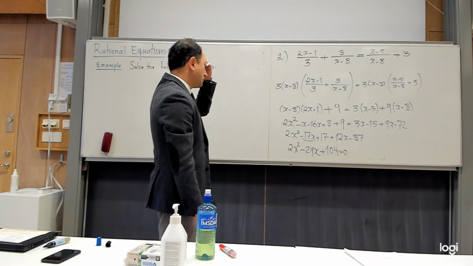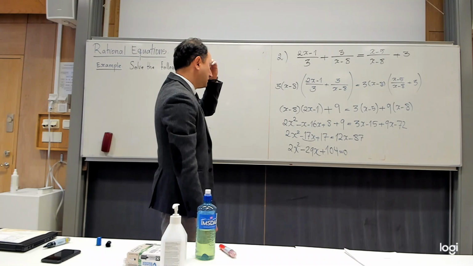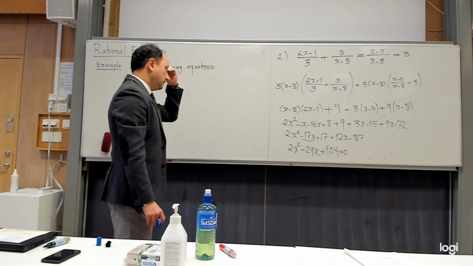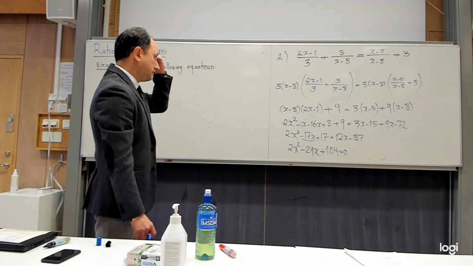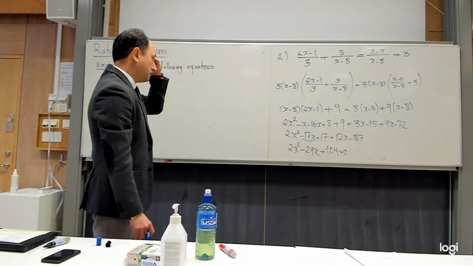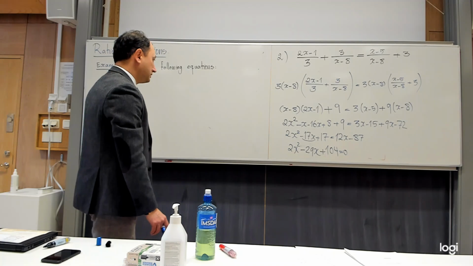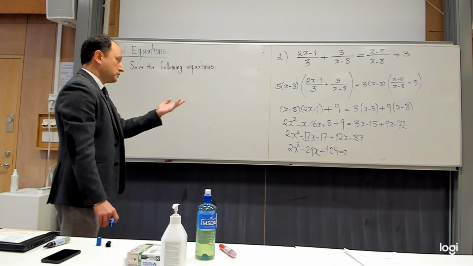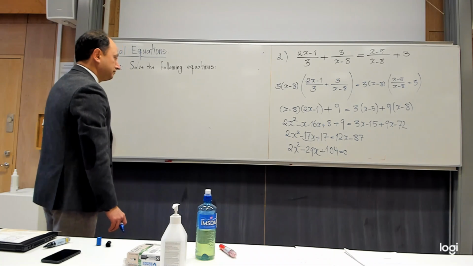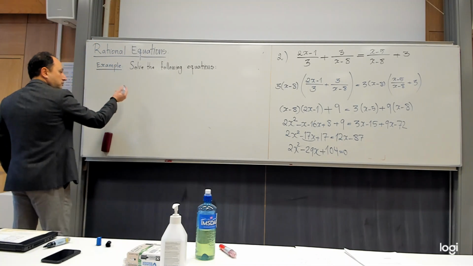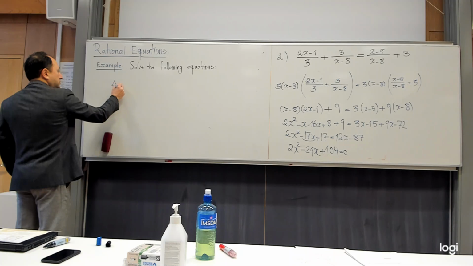So 2x squared minus x minus 16 plus 8 plus 9. 3x minus 15, yes. And then minus 17 plus 17. And then I have 12x minus 87, yes. And then when I move everything to the left, it becomes that. Okay? So if I want to solve that, delta is negative, as you say, if that's correct.